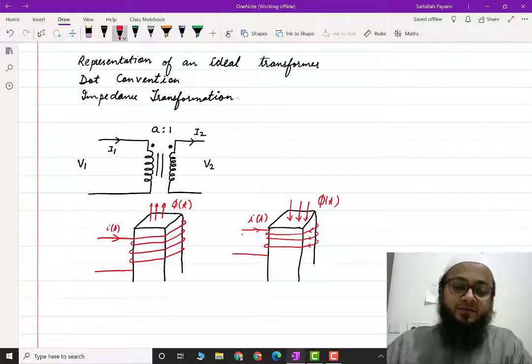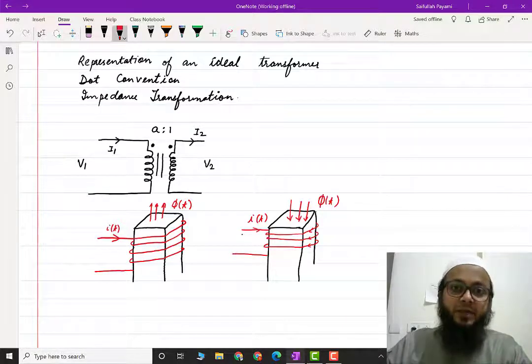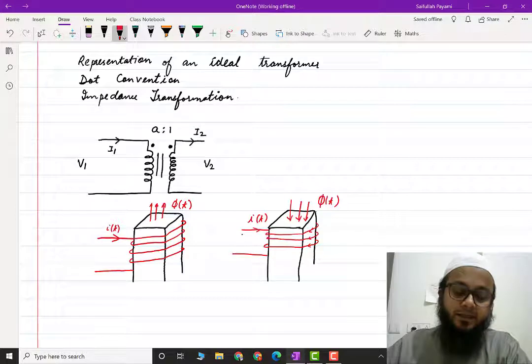But in a real transformer, we cannot open the transformer every time and see how the winding has been done. So there should be some means to represent how the winding has been done, because in an AC circuit application we need to know the polarities, like how the EMF would be induced.